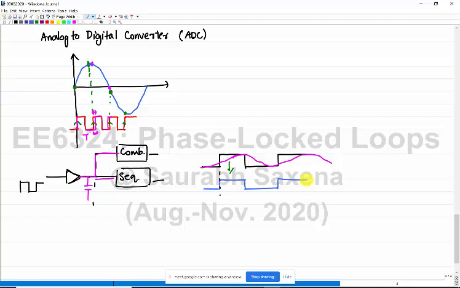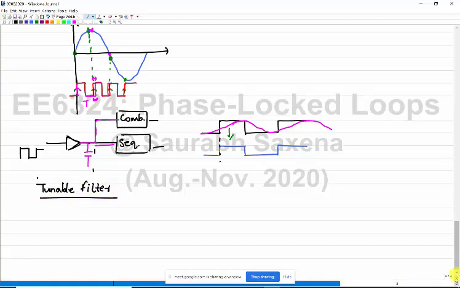The other place where you will see clock is some kind of tunable filters. If you have not done some kind of switched capacitor circuit, then you may not know, but just for completeness' sake, I will tell you here. Let us say you are using a MOSFET and a capacitor like this.